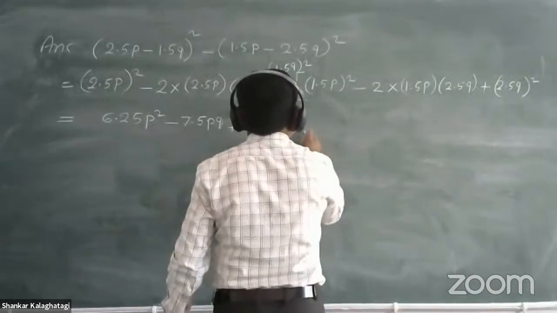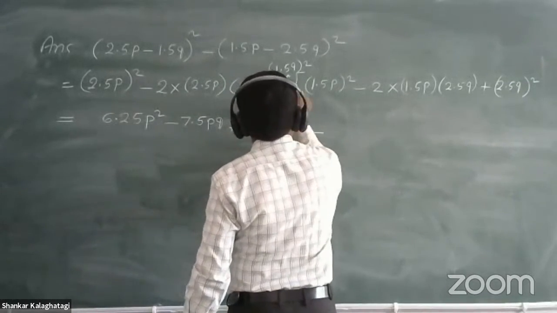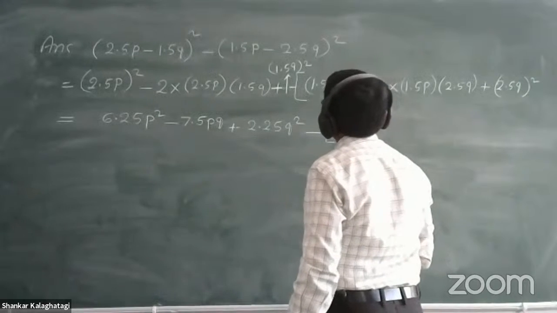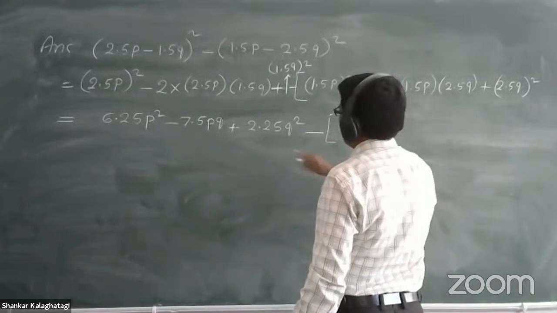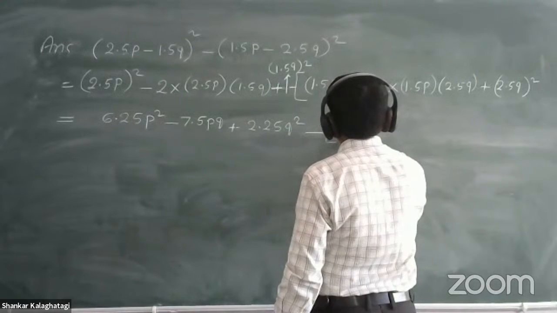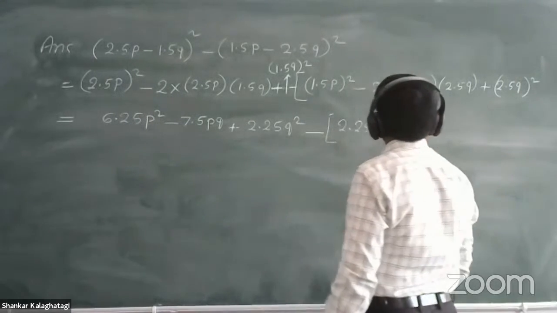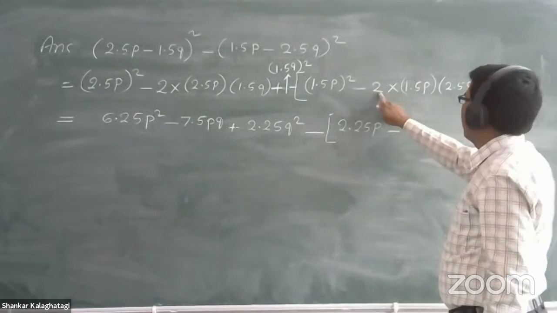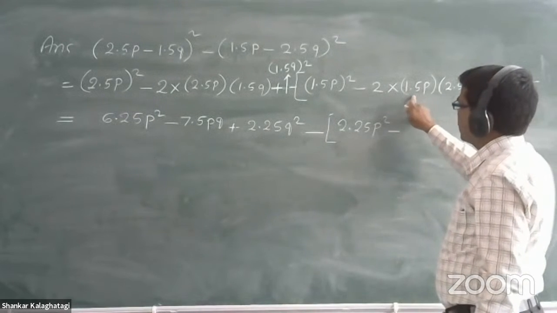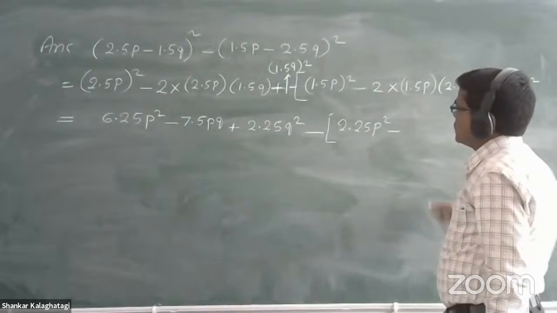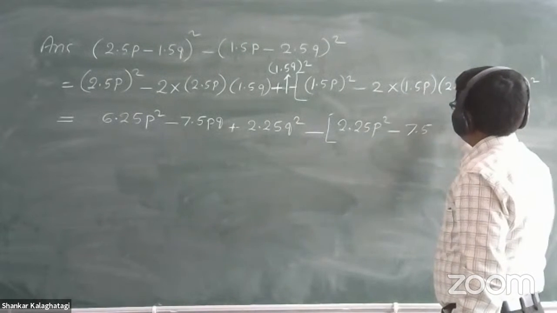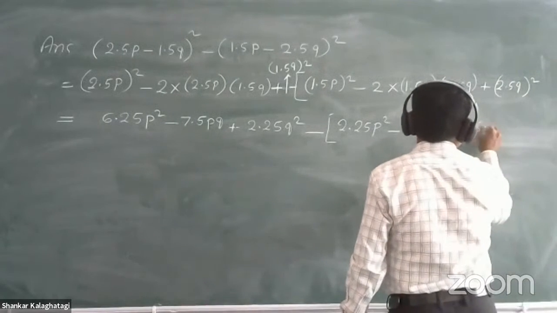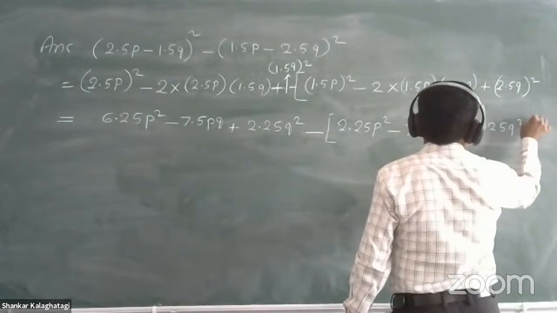Now the middle minus sign is there here. Minus 1.5 squared is 2.25p², minus here 2.5 times 1.5, same, becomes 7.5pq, plus 25 squared is 625, so 6.25q².